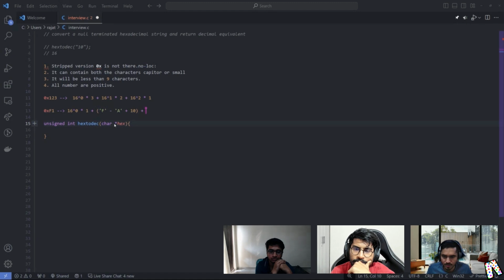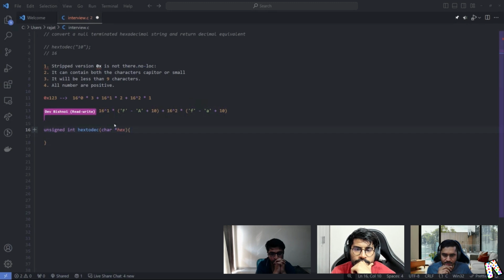And if there is a small character as well, let's say a small character a, that would be like 16 to the power 1 (here I forgot to add that), and then 16 to the power 2, multiplied by F minus A plus 10.